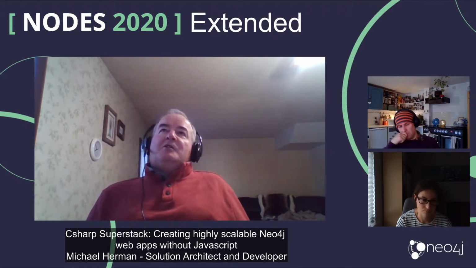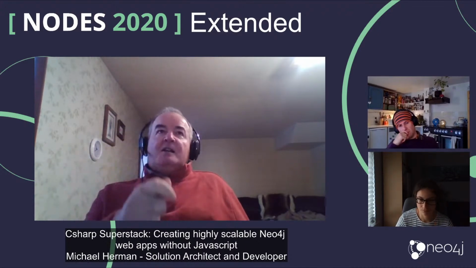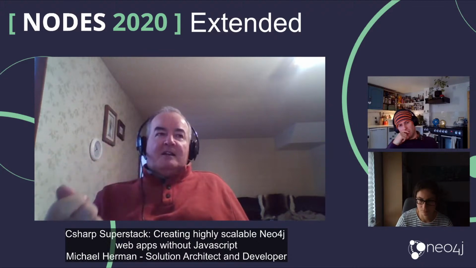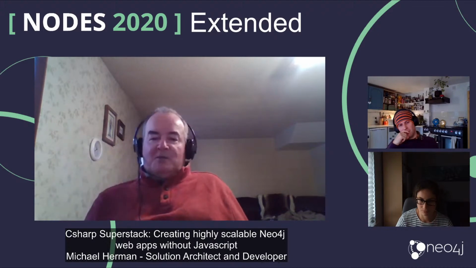I guess the one thing, and there's maybe a better answer than I was able to find, it wasn't obvious with the API that I'm using in the driver how to automatically get the INodes that are returned to be coerced into a POCO object of my design.